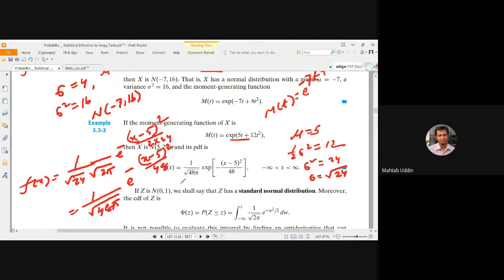Also, you can write it in the notation form N(5, 24). All are equivalent, you can do this.